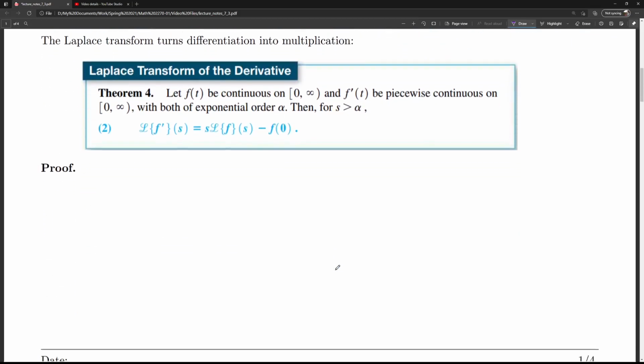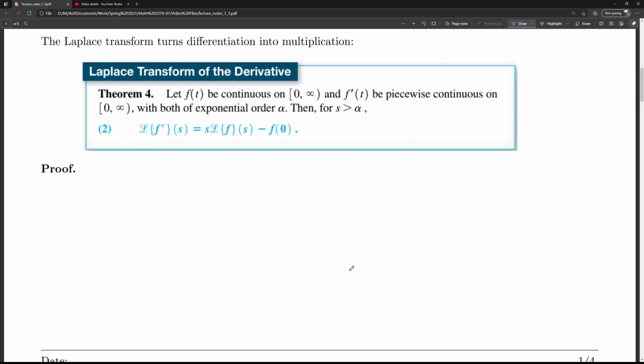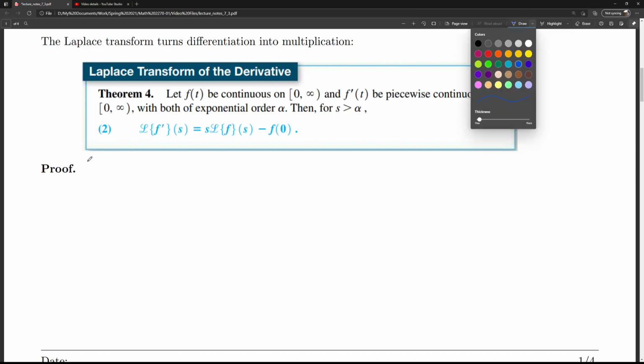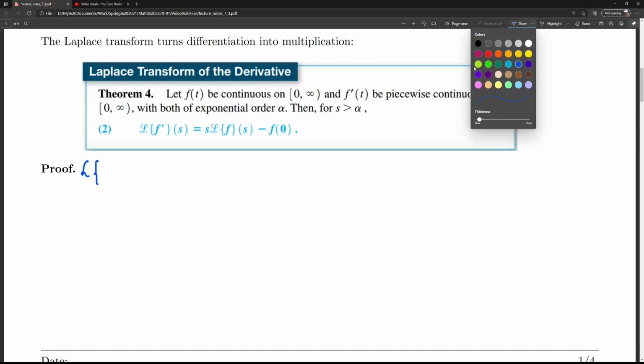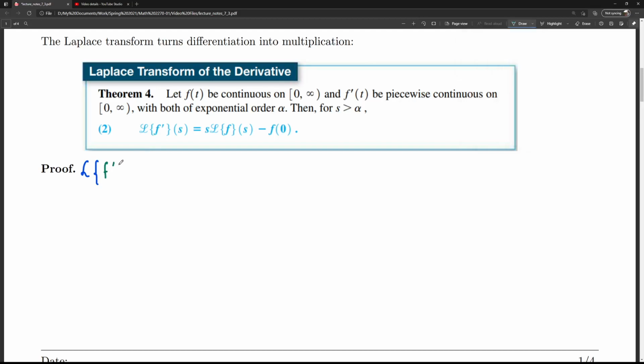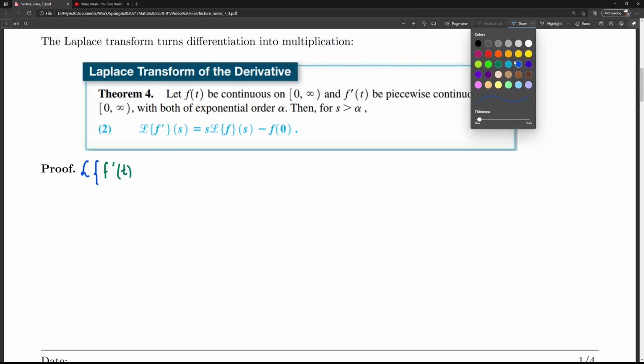So we'll prove this, and it basically depends on integration by parts. So if I take the Laplace transform of a function f prime of t, so I want to find the Laplace transform of f prime of t.